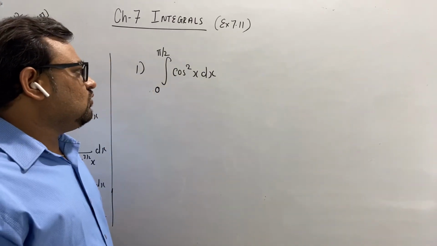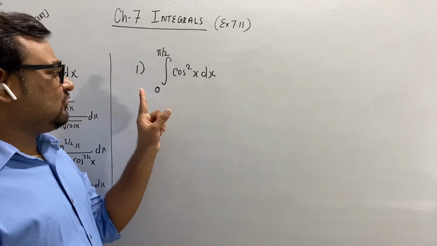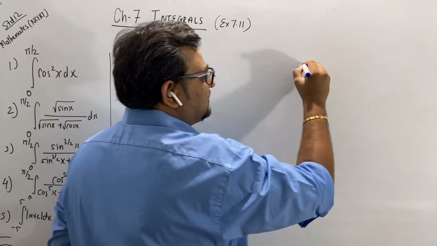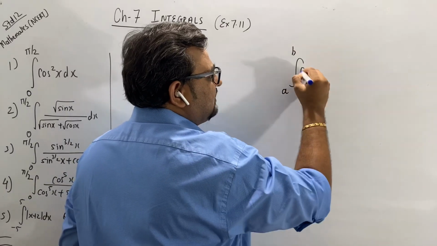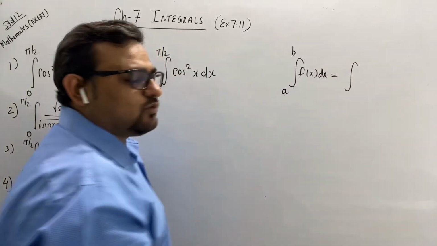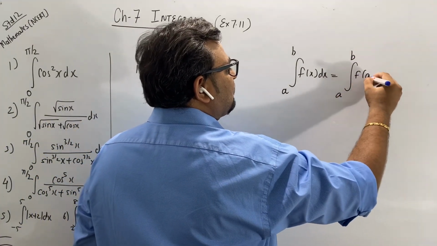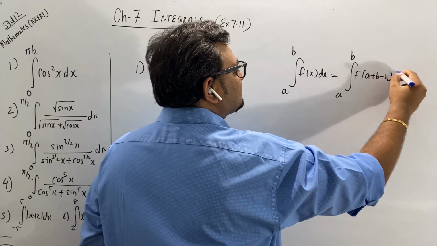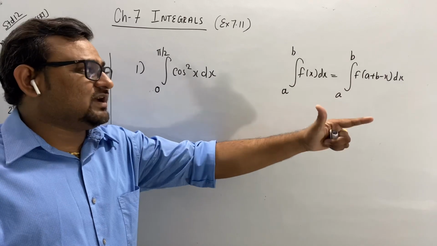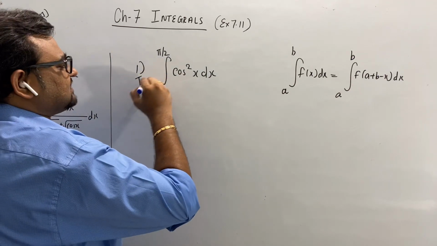What we will do, we had studied one property that integral from a to b of f of x dx is equal to integral from a to b of f of a plus b minus x dx. We have studied this property. We had also taken an example based on this property. So let's name this as I.